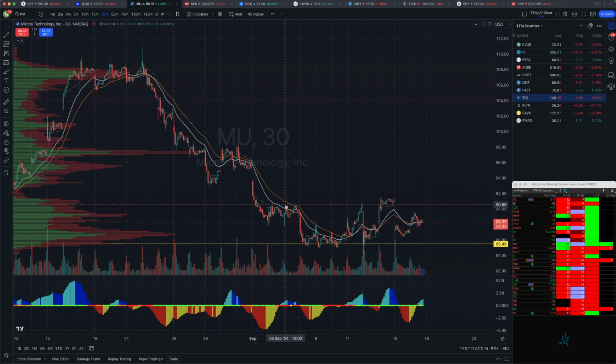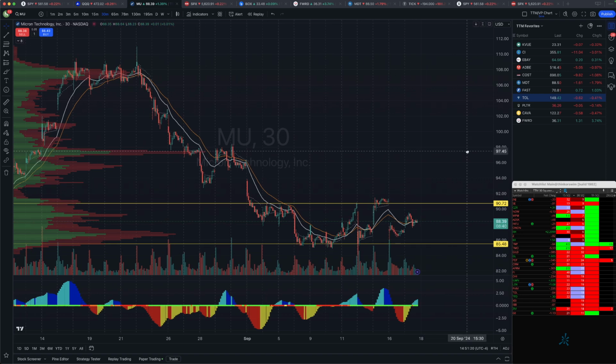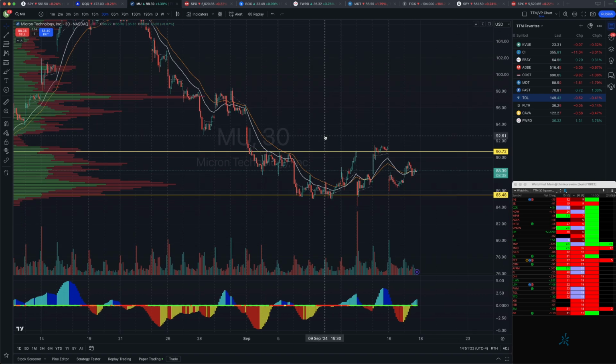But we've entered this channel from here, which would be more of a bearish channel, so this would tend to want to go that way, a continuation of the overall trend.